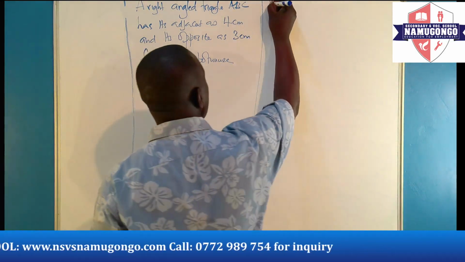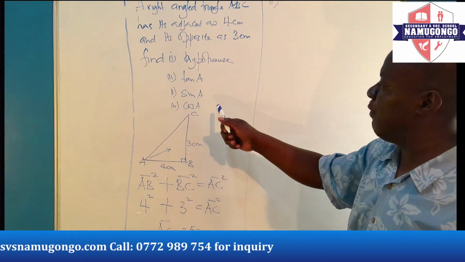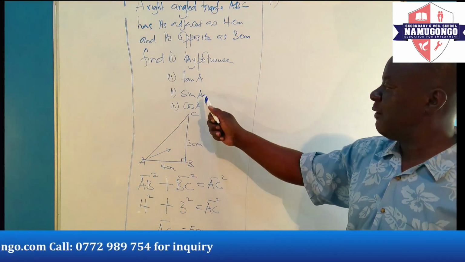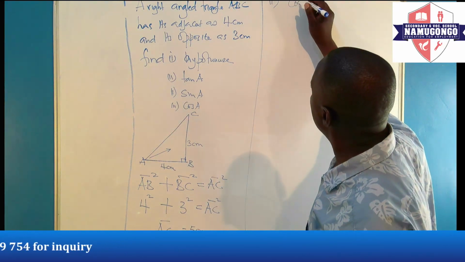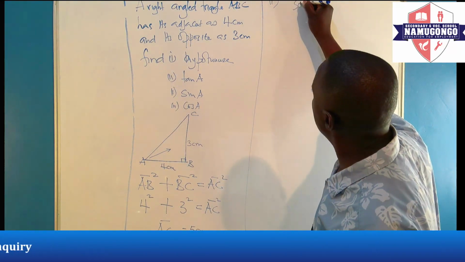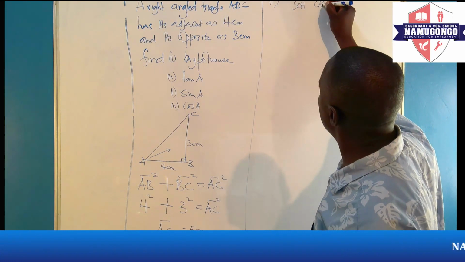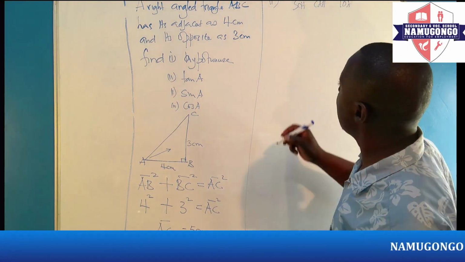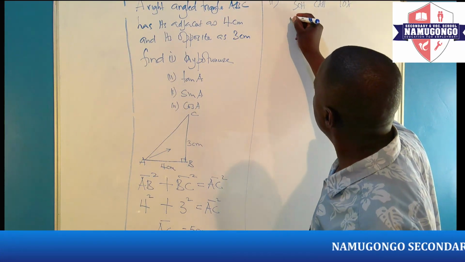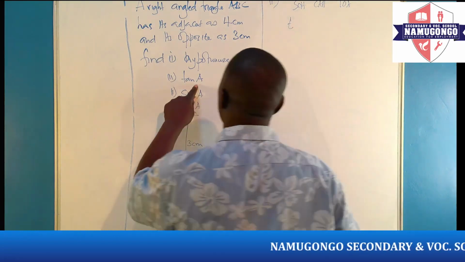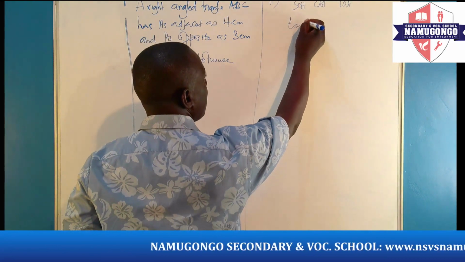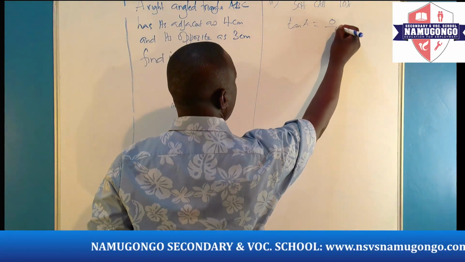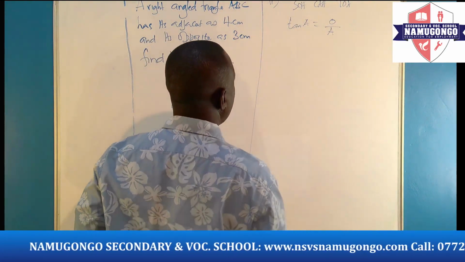Then Roman 2. He wants me to find the ratios of tan A, sin A, and cos A. To get tan of A, you use the last one, TOA. You say tan A is equal to opposite out of adjacent.